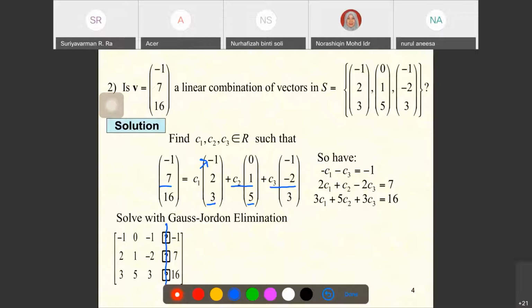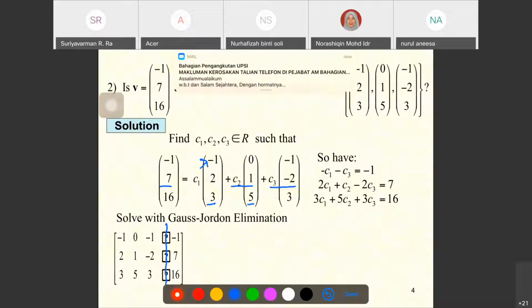Siapa dapat jawapan? You kan sudah elimination dah. Cepat. Awak lambat. Okay.